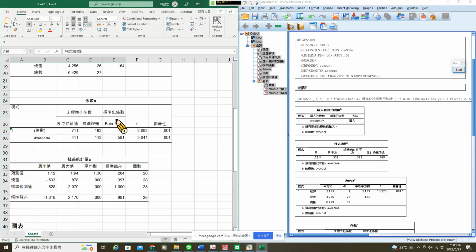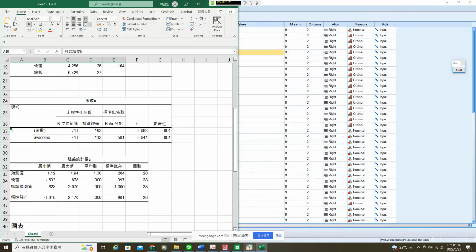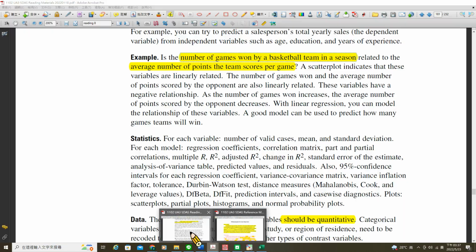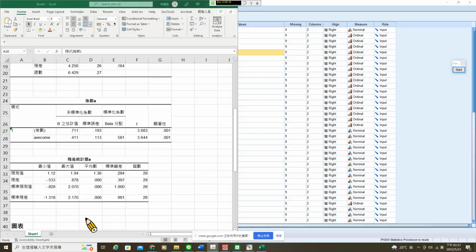Okay, so now, what do these numbers mean? What do these numbers mean to us? I want you to open your reference menu. Open your reference menu and move to page, let's see, page 117.